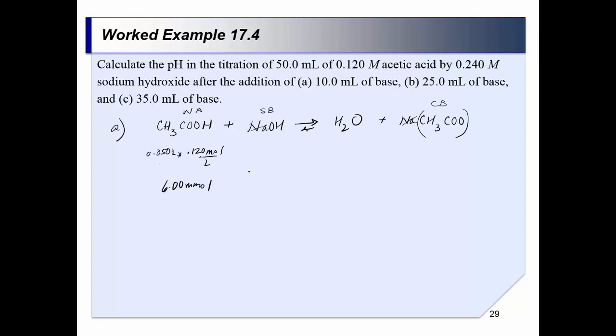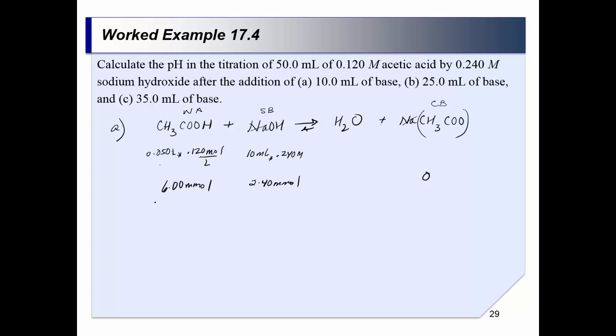Now for my hydroxide, I have 10 milliliters of base. So I need to look at my 10 milliliters, and my 0.240 is my concentration. So for my hydroxide, I start with 2.40 millimoles of hydroxide. And I start with none of my acetate. So what happens is my strong base is going to be all used up.